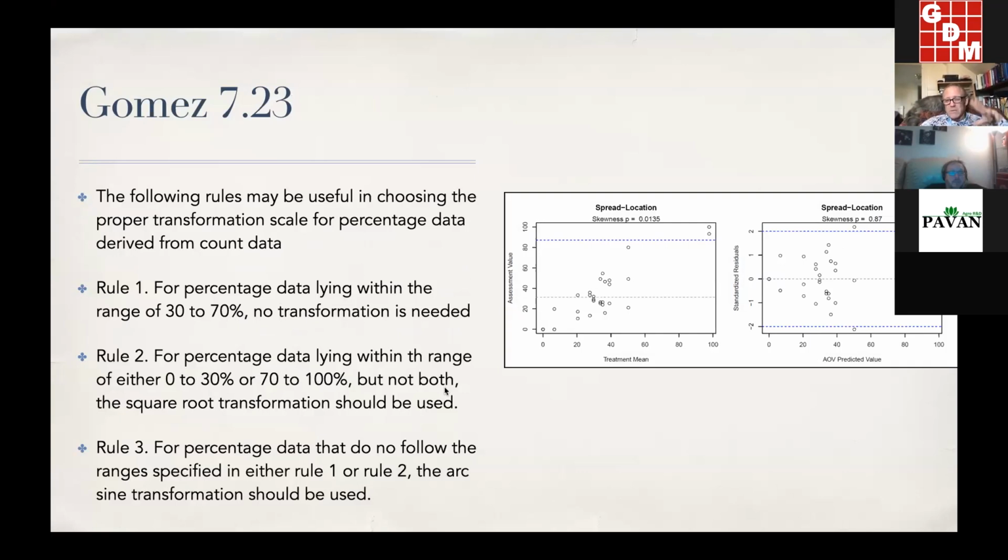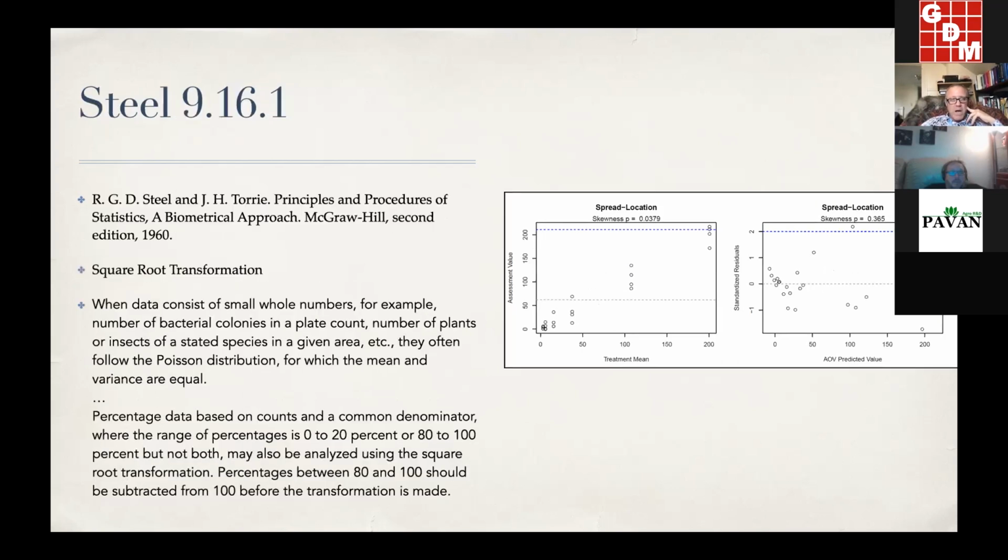ARM doesn't do that kind of transformation. And if the data are outside those ranges, then the arcsine square root transformation should be used. So you'll have these slides available for your own reference, to help you decide what transformations to apply as you go through and examine your data for the assumptions of normality.